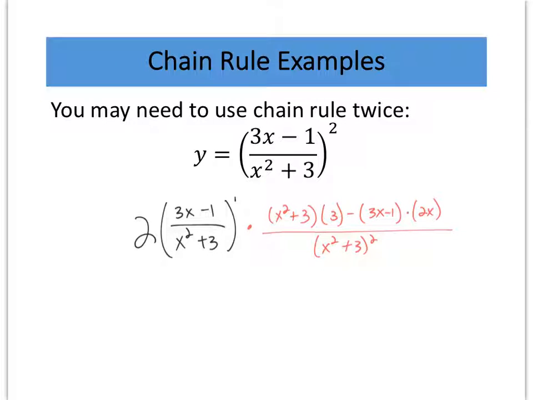So this is this part right here. This is the chain rule. And we could totally clean this up and make it much cleaner to work with, but for now I'm going to leave it right here because the chain rule is complicated enough. I don't want to go too far with the algebra.